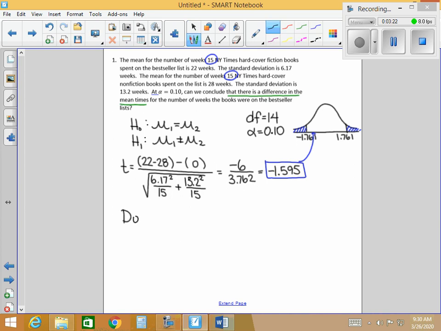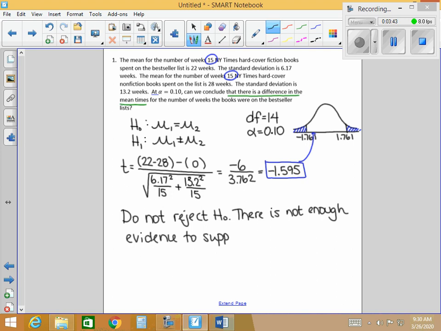So I'm going to say do not reject the null hypothesis. There is not enough evidence, or sufficient evidence, you can use that word, I think the author does use that one, to support the claim that the mean number of weeks is different.